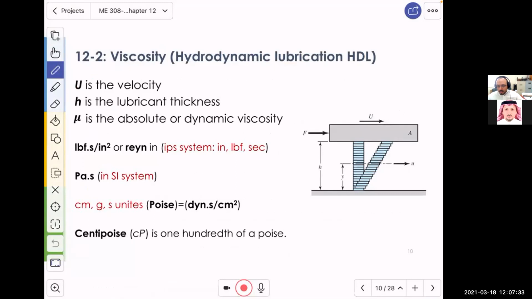The whole thing comes to the journal, which is the shaft, the bearing, which is just a sleeve, and then the fluid in between. So the lubricant makes a big deal out of these.